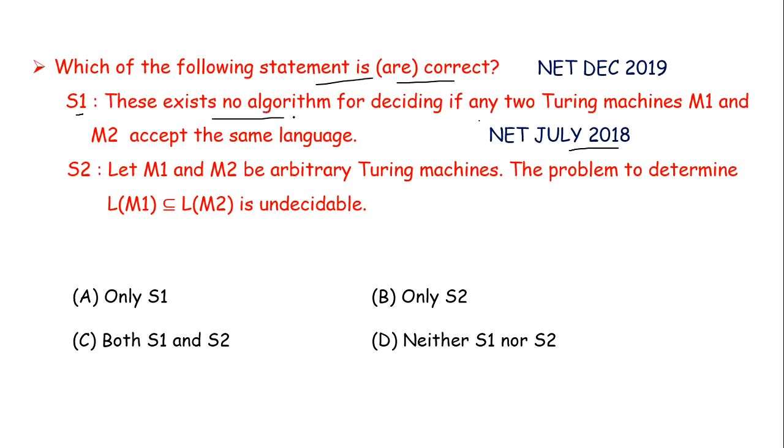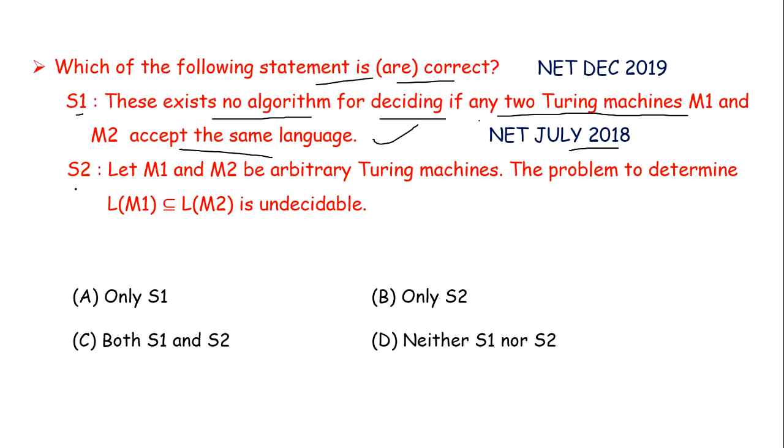There exists no algorithm for deciding if any two Turing machines M1 and M2 accept the same language. Now this statement is true. Why is it so? Because it is the standard equivalence problem and it is undecidable. That is why no algorithm is there for deciding if any two Turing machines accept the same language.